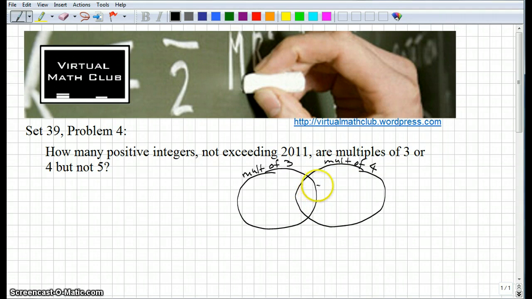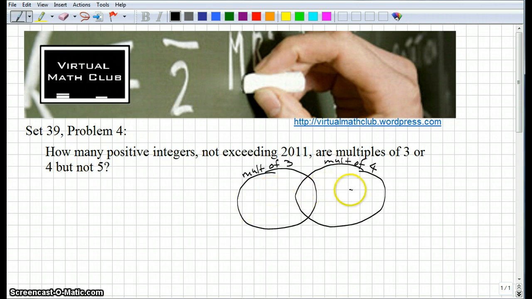So the multiples of 3 or 4: if a number is a multiple of 3 or 4, it's going to be a member of one of the sets or the intersection. If I have a number like 24, is that a multiple of 3? Yes. Is it a multiple of 4? Yes. So it is part of both sets. If you have a number like 32, is it a multiple of 3?